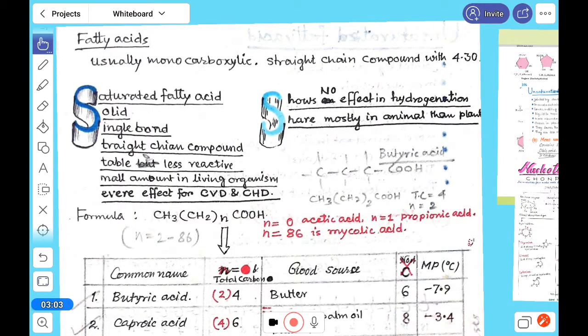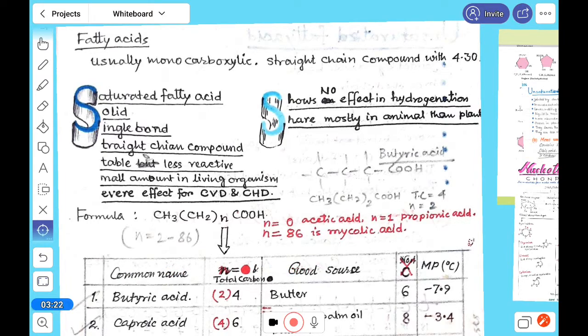So glycerol is always constant, and the changes are in the fatty acid, and here's the formula of R, and here's the value of n. According to the value of n, different types of fatty acids are available.